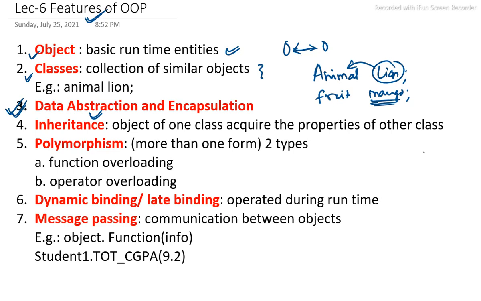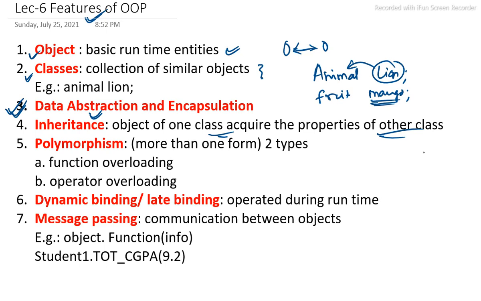The fourth feature is inheritance. In inheritance, an object of one class acquires the properties of another class. Many classes are connected with each other, so one class may inherit some properties of another class. The main motive behind inheritance is to share the common characteristics of classes with one another.